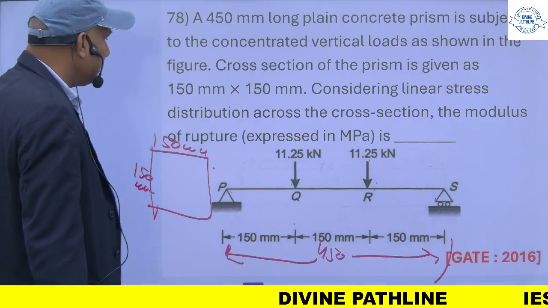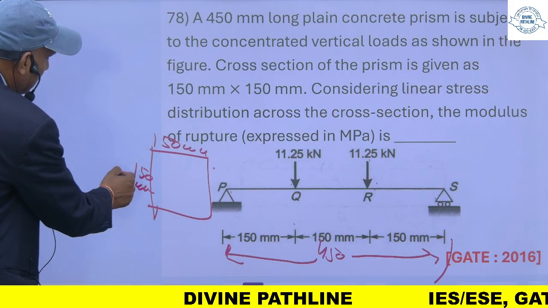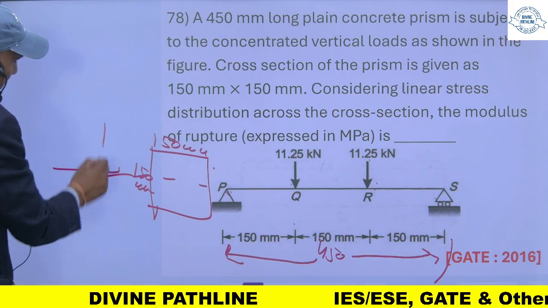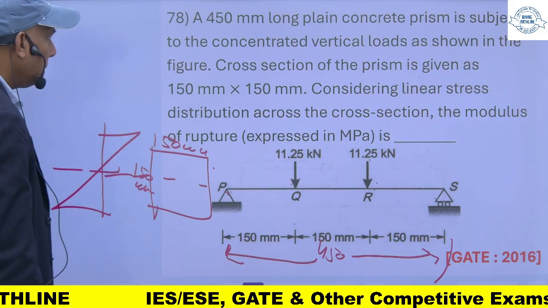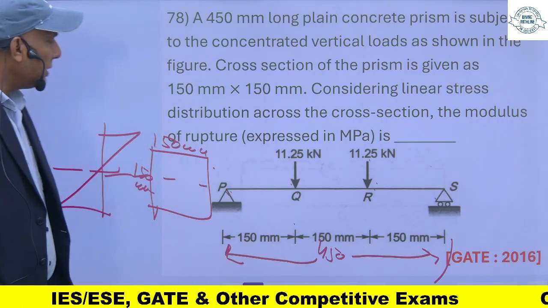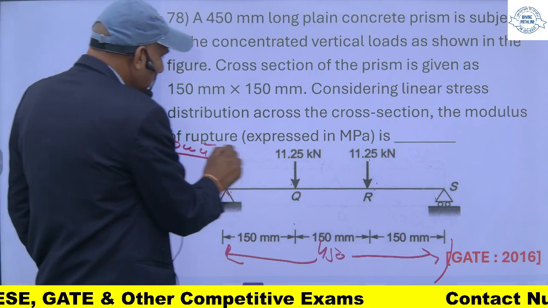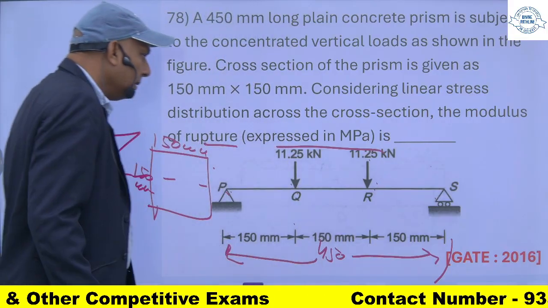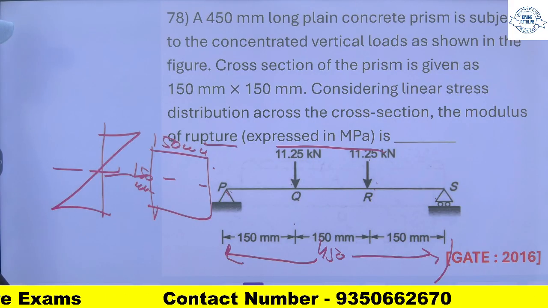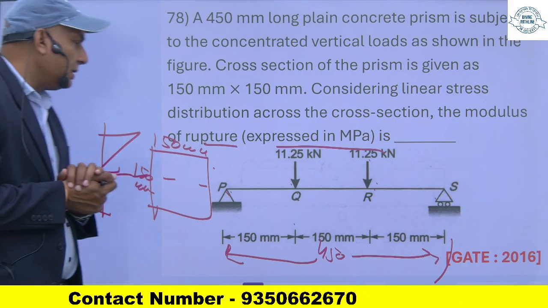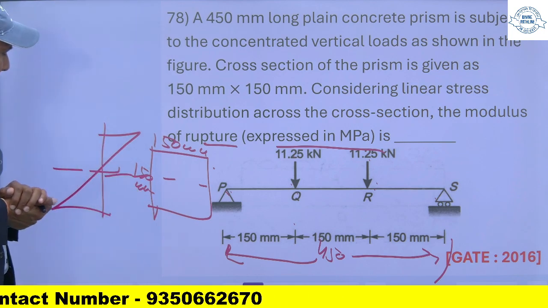Considering the linear stress distribution across the cross section, the modulus of rupture represented in MPa is how much? Modulus of rupture means bending tensile stress.